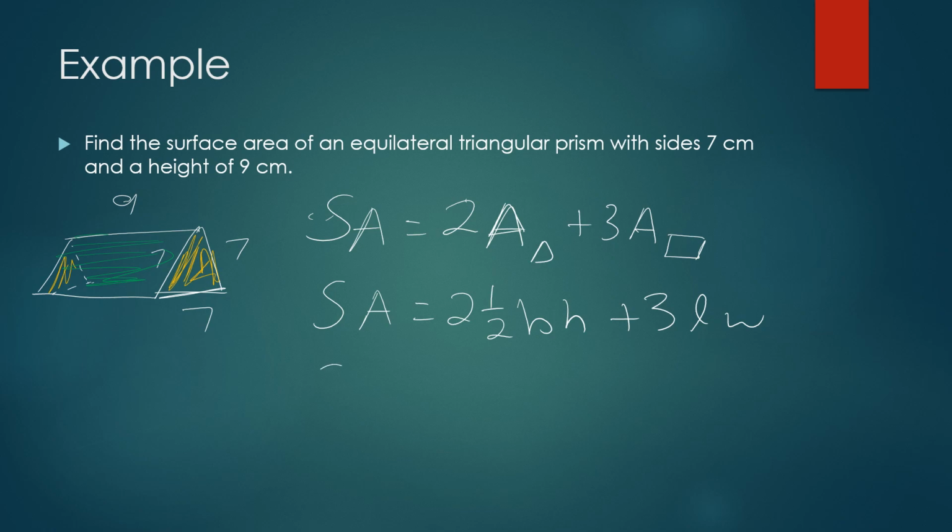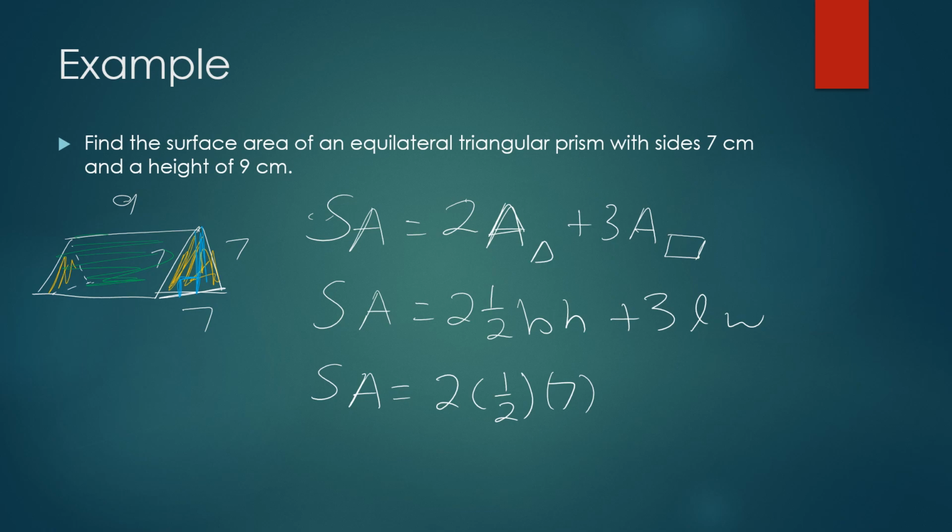So we have surface area is equal to 2 times 1/2. We know 7 is the base. The issue, though, is that we don't know what the height is. The height is going to be whatever this is. We don't know that, but we're going to find out using the slant height formula. Because what we have is another right triangle, but I need to know this number here.